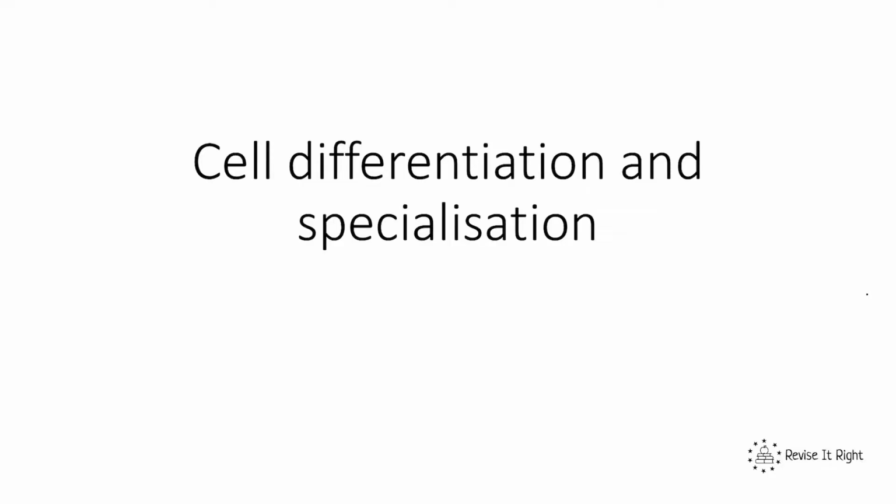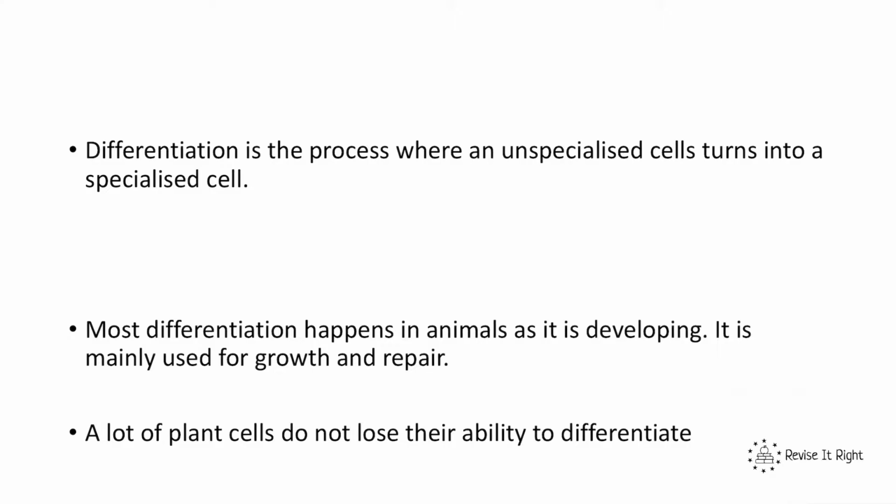This video is about cell differentiation and specialisation. Now, differentiation is the process where an unspecialised cell turns into a specialised cell. An unspecialised cell is a cell that does not have a function.